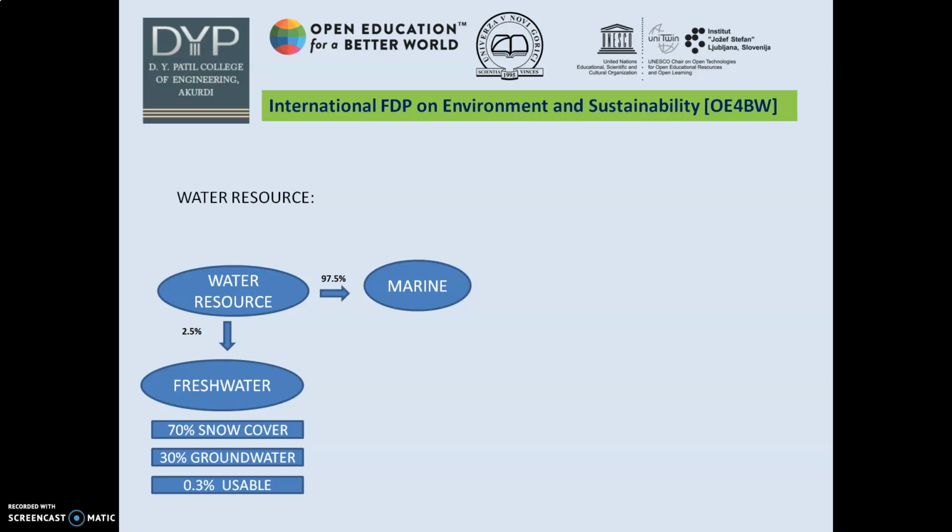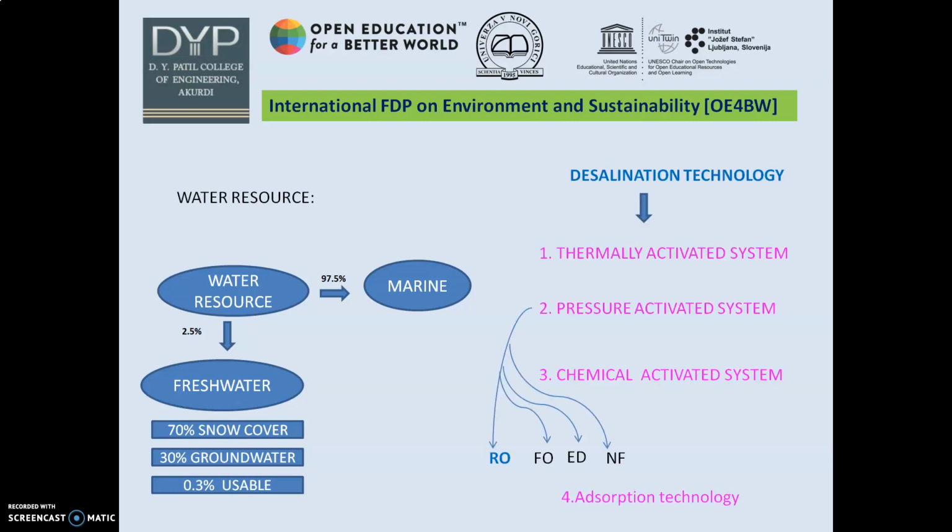So to mitigate the scarcity of fresh water, there is a need for a technology which can better supply fresh water. The technology I am discussing here is desalination technology, which provides the means to mitigate this limited amount of usable water.